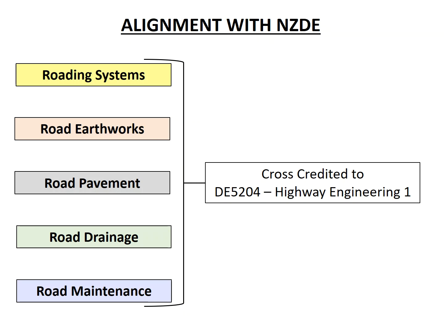The road drainage and the road maintenance will follow in the next month or so. If a student finishes all of those micro-credentials, demonstrating competency in all 5 of them, then they will be able to come to Unitec and get cross-credited or recognition of prior learning of DE 5204 Highway Engineering 1.